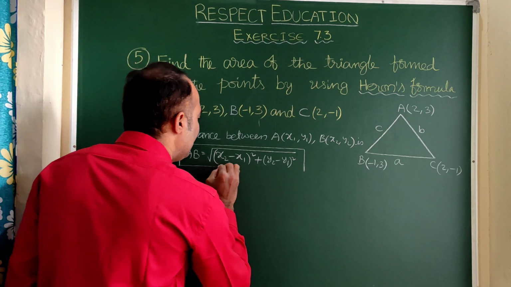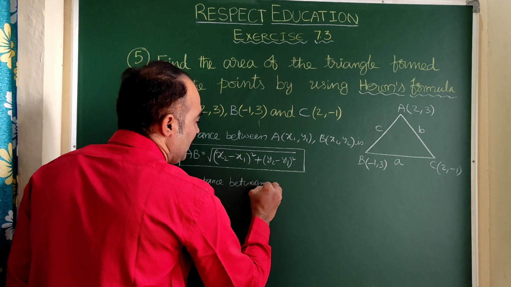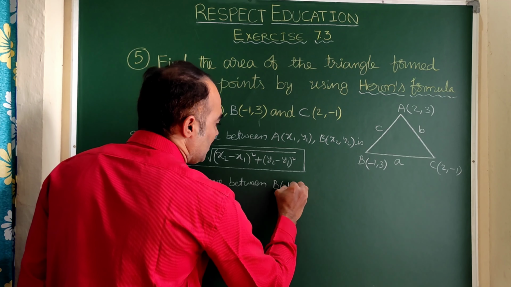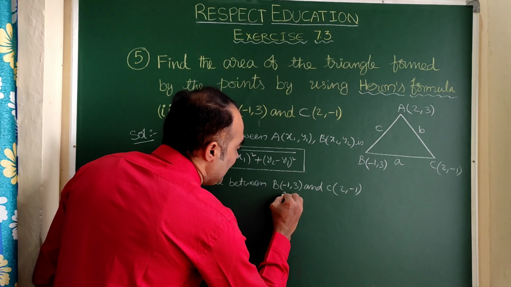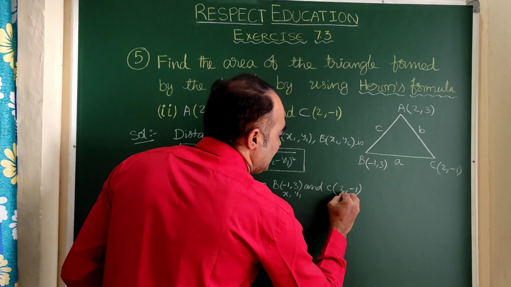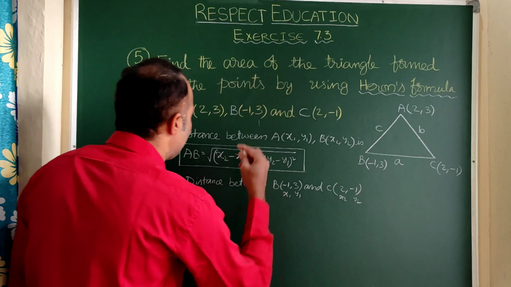So let us find the first one, that is a. a is the distance between B (minus 1, 3) and C (2, minus 1). In this case, let us label B as (x1, y1) and C as (x2, y2). Let us apply the formula.